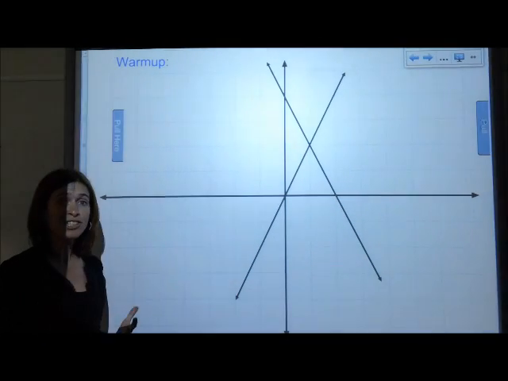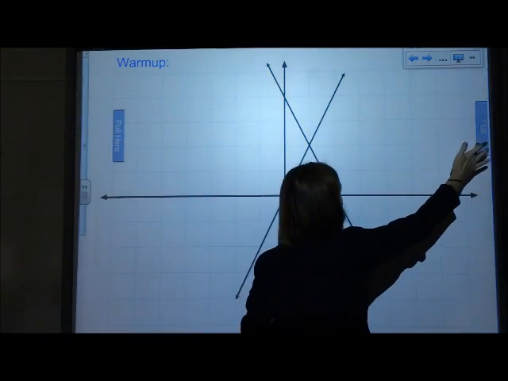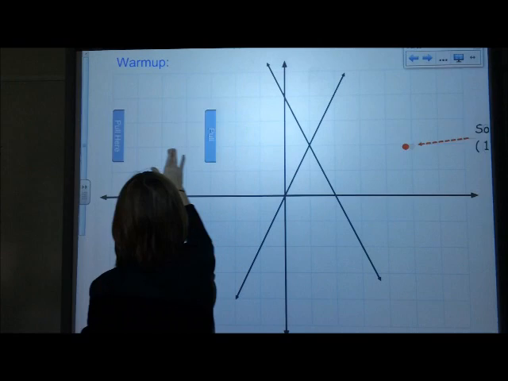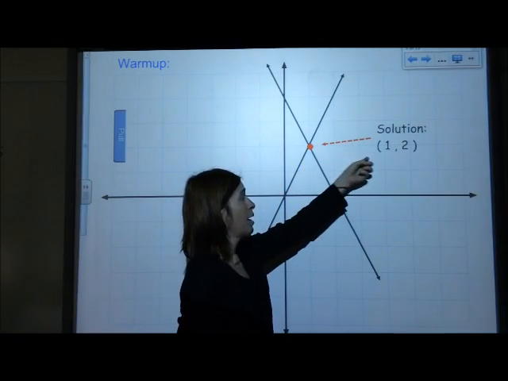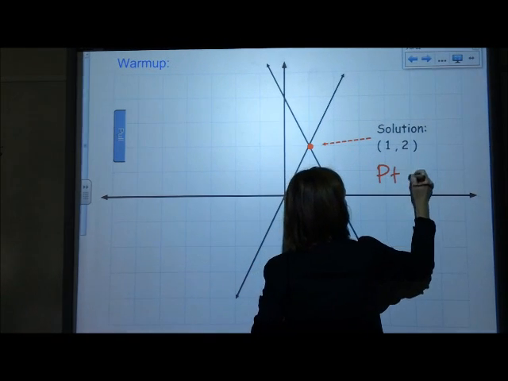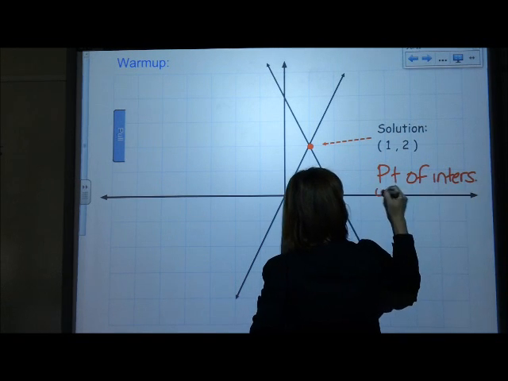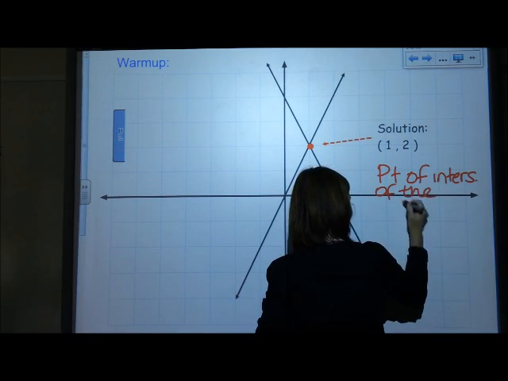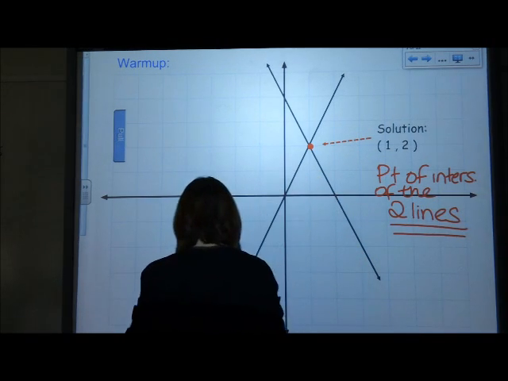All right, so yesterday what we did was we found, or we estimated, the point of intersection. So the solution to this particular system is 1, 2. It is the point of intersection of the two lines. That is the solution, okay?